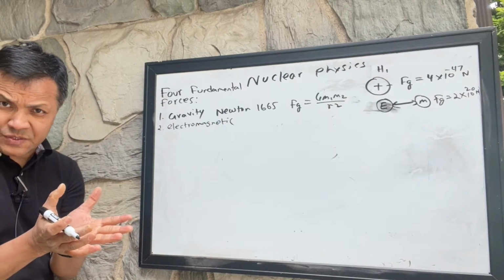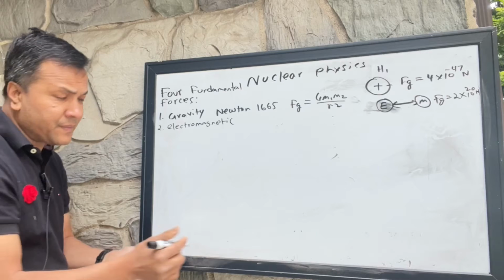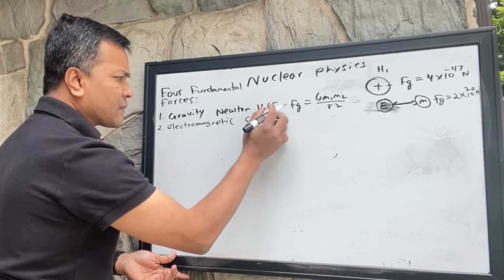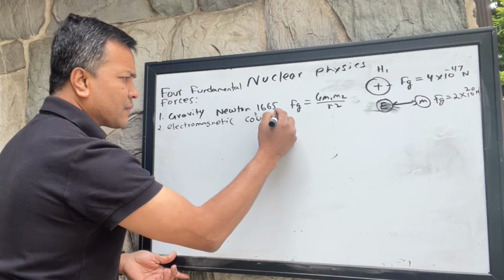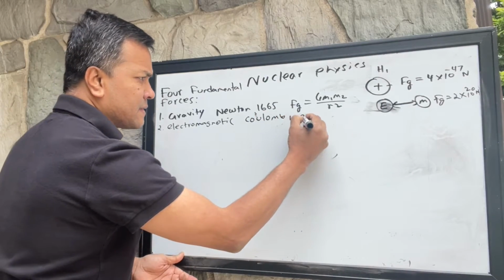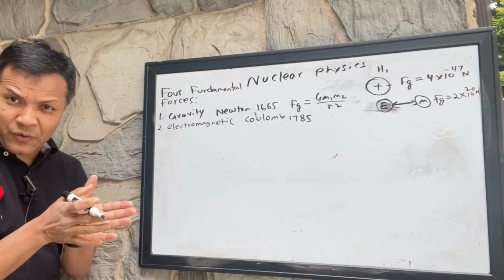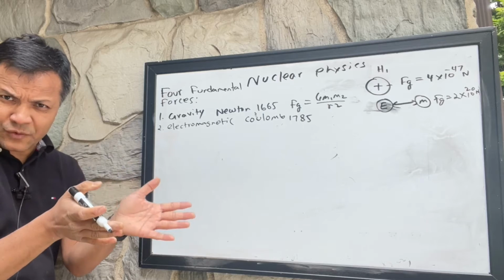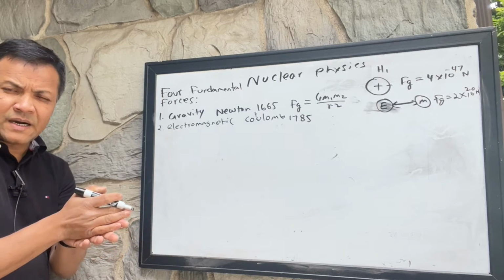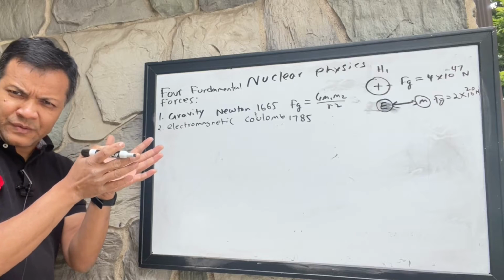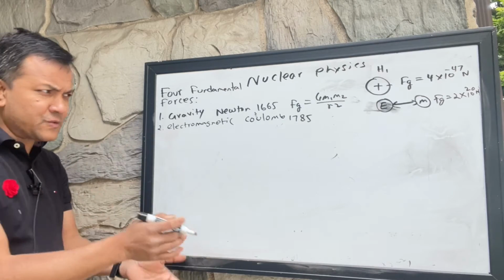Electromagnetic force was discovered by Charles Coulomb (1785). The equation for electromagnetic force, or electrostatic force for that matter, is similar to the equation for universal gravitational force.